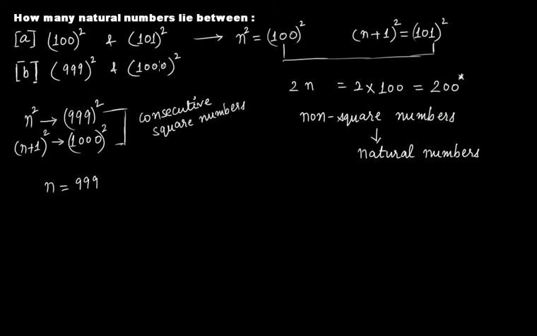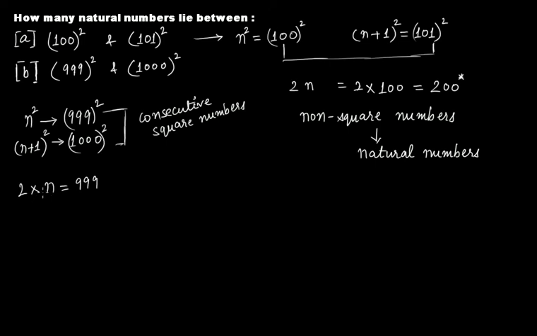And we have to tell the natural numbers that lie between these two numbers. All the numbers that come between these two consecutive square numbers are actually non-square numbers, and their count is given by the formula 2 times n.